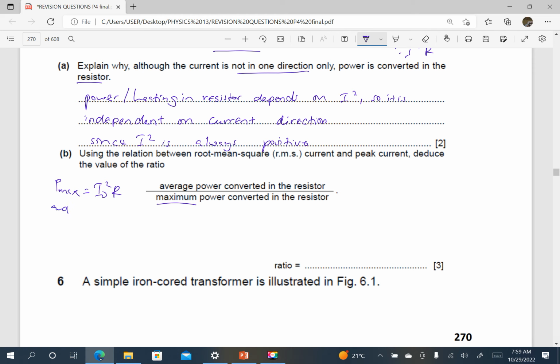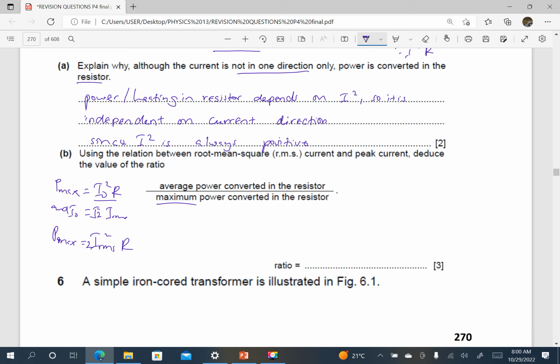And we know that the peak value is equal to root 2 times the root mean square value of current, which means the maximum power can be written as root 2 times I root mean square, squared, times R. Actually, this is going to be times 2.